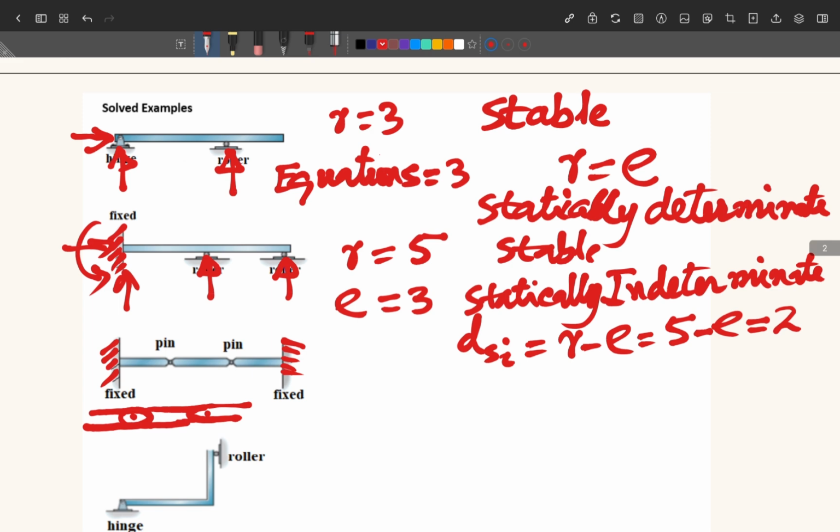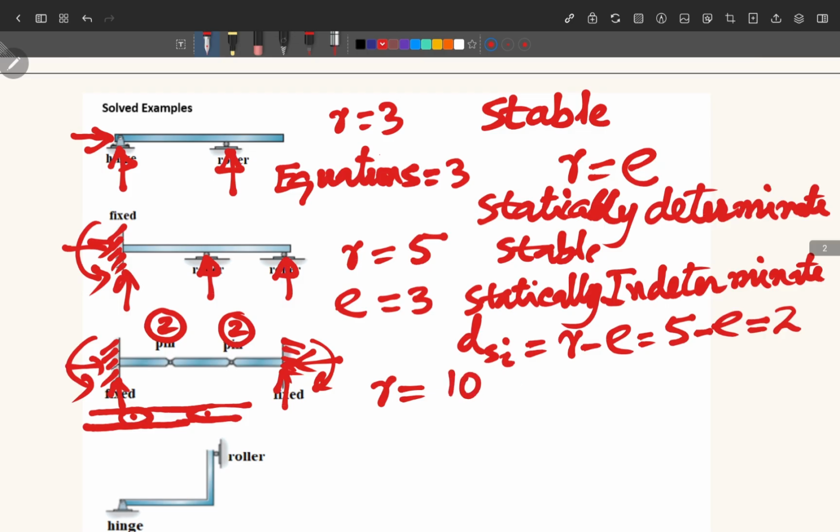So if there are three single pieces, every single piece will give you three equations of equilibrium and every pin will give you two additional reactions. So here we have three reactions, and here we will get two reactions at the pin. Here also we will get two reactions at the pin. So total reactions in this case are equal to 3 plus 3, 6, 6 plus 4 equal to 10.